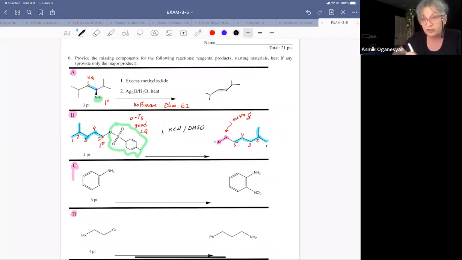It's a killer reaction, would kill you if it gets on your skin or you ingest it. Second step, we'll be adding excess lithium aluminum hydride in THF.